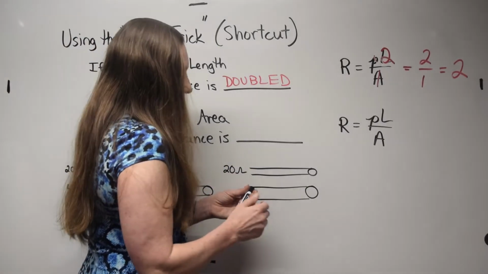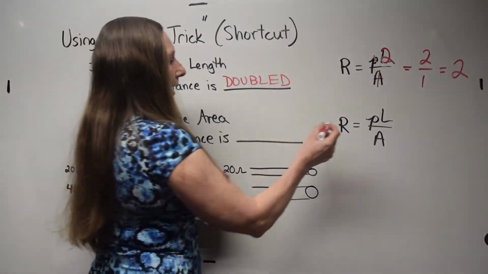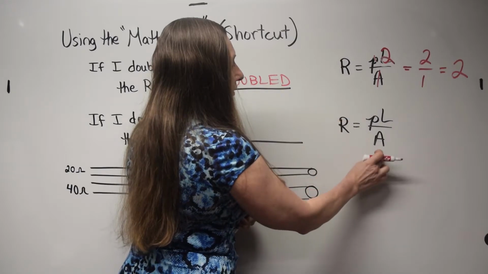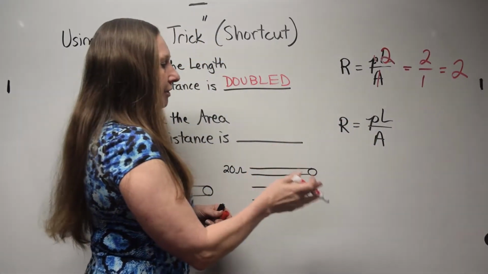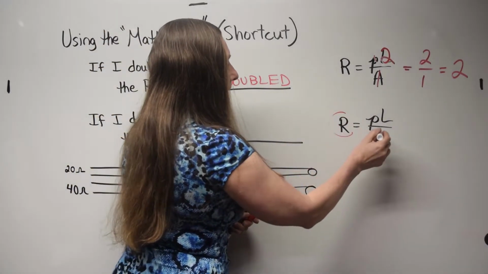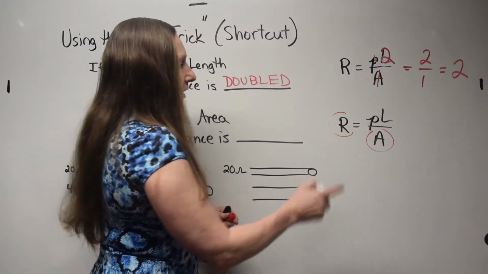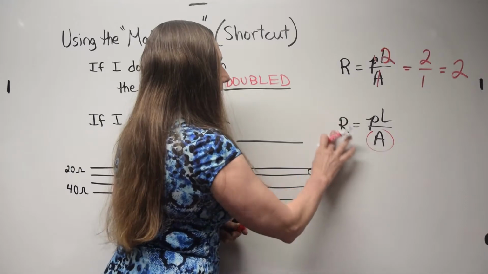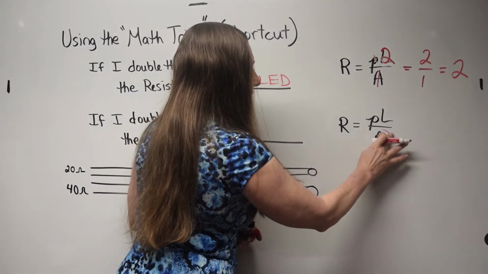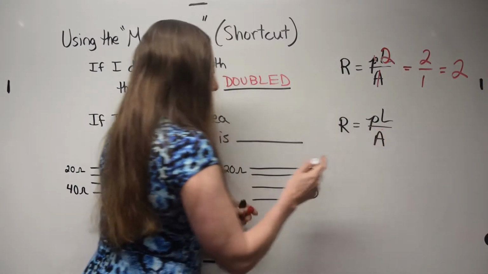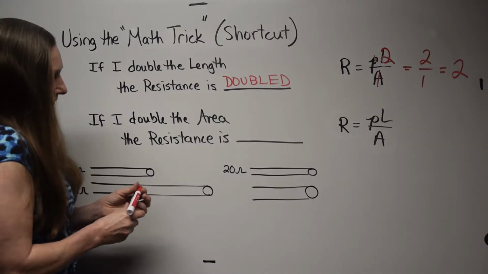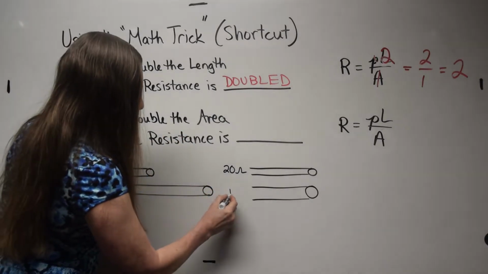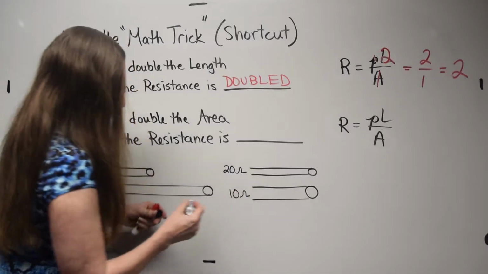I doubled the area. Now look again. Resistance and area are on opposite sides of the equal sign. One is on top, one is on the bottom. This is an inverse relationship. So what that means is that if you double the area, the resistance will be halved. All right, so the new resistance of this one would be only 10 ohms.